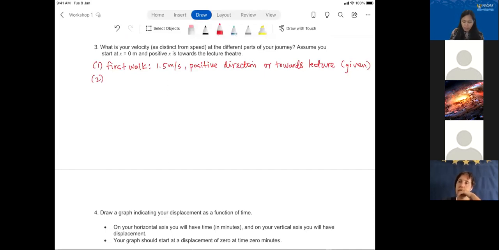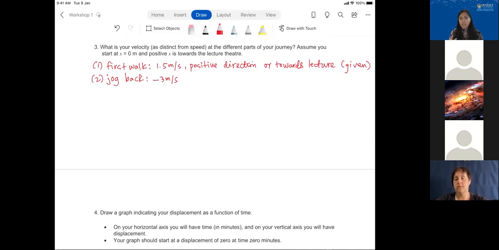And then you jog back. When you jog back, it was also given you jogged at 3 meters per second, but it also said that going back from your lecture theater will be the negative direction. So you can put a negative in your answer. The negative will account for the direction that's required.